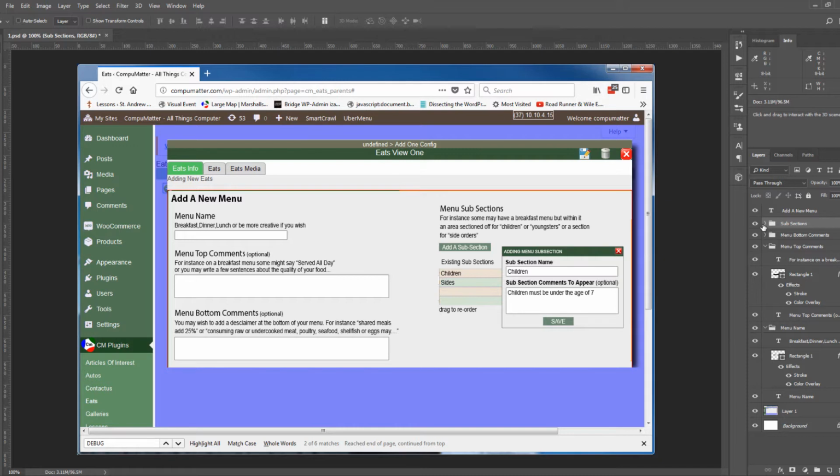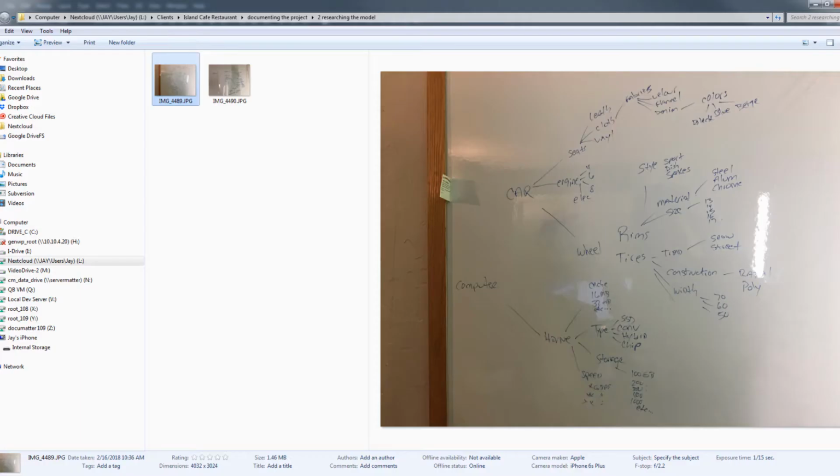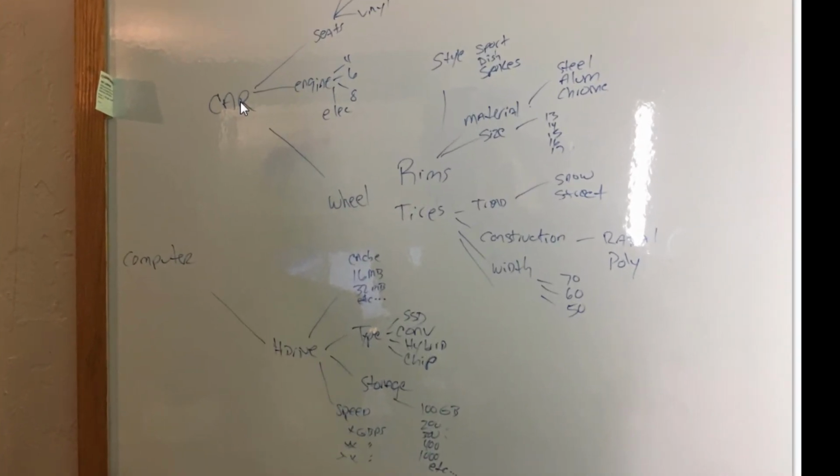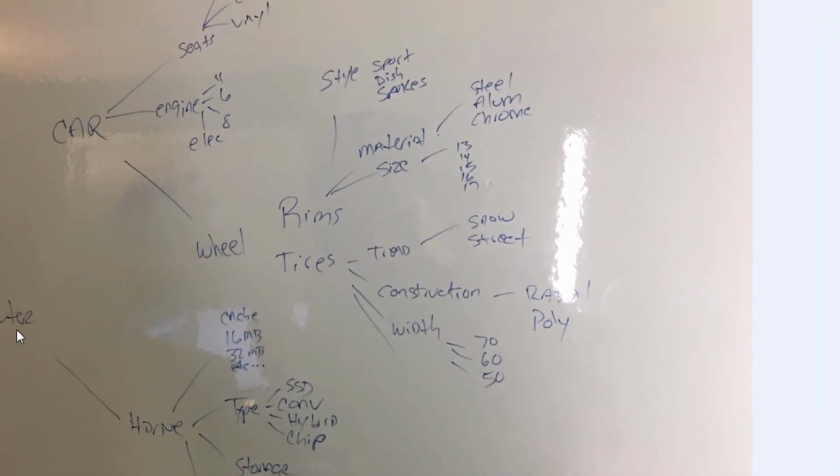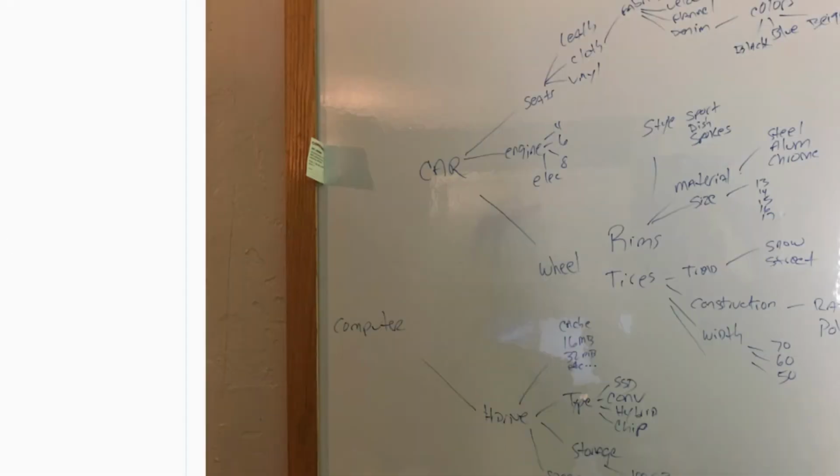Now, once we've got that parent, I see the menu, in that scheme, those things I showed you earlier, I see the menu as probably this car right here, or this computer. I want to see that as the parent item. And then in the case of the food, I'm going to bring that food one up again.